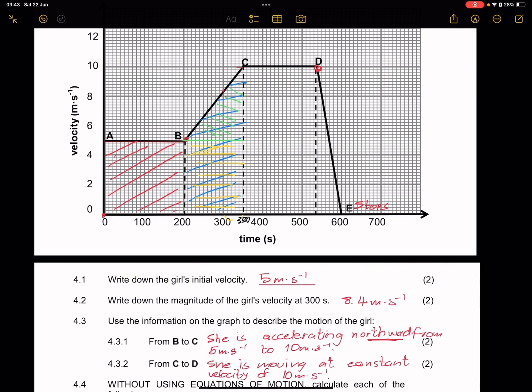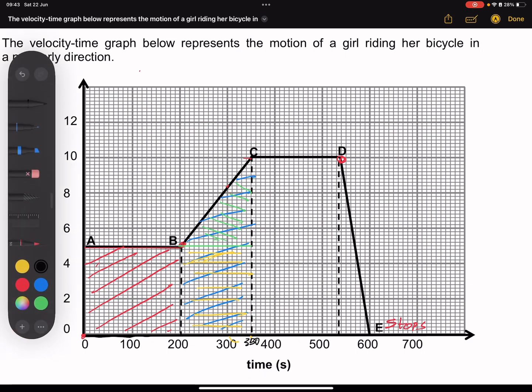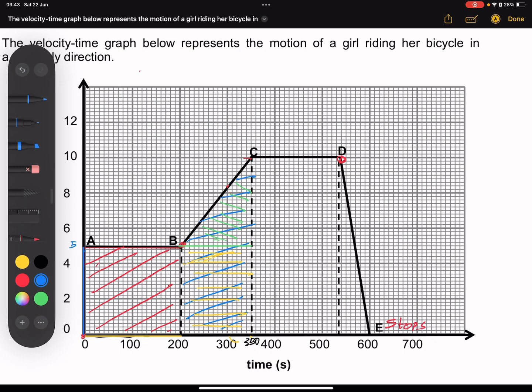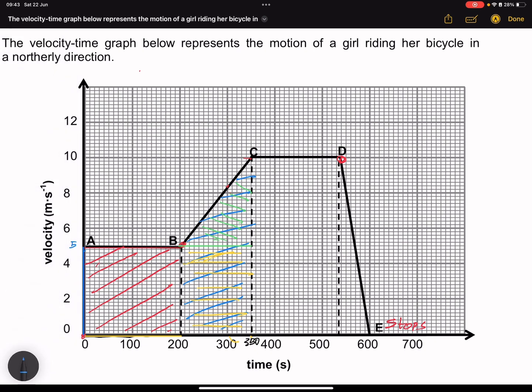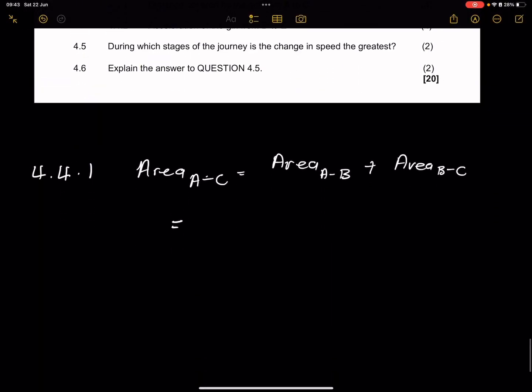The length is 200 and the breadth is 5. So that's 200 times 5. The area of A to B is length times breadth.